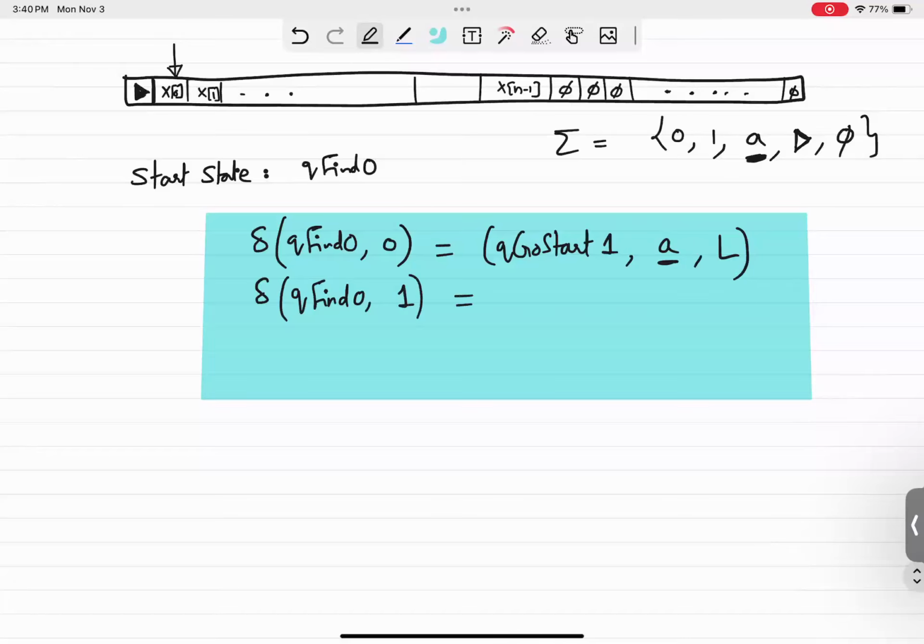I see a 1. What should I do? Is this useful for me? No, right? So you just skip and go to the next step. You stay in the same position, you don't overwrite it because you're not doing anything, and move to the right.